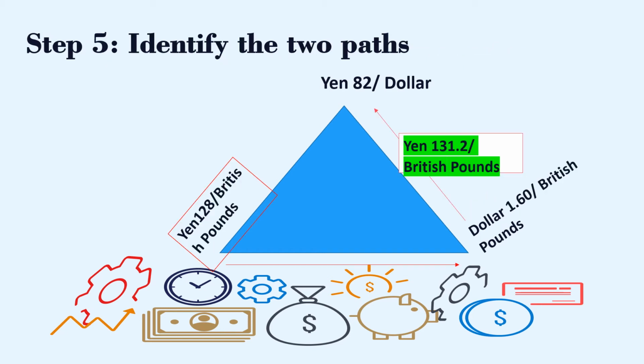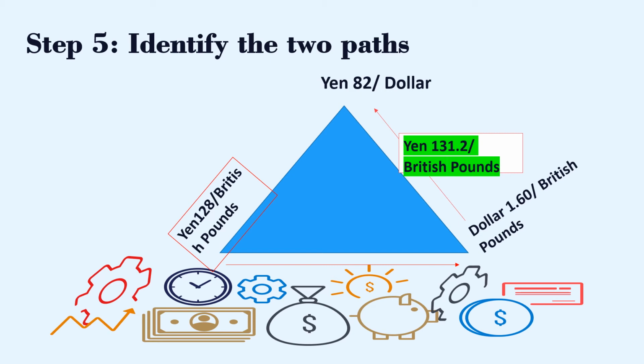In step 5, we will identify the two paths in order to reach arbitrage profit. As we already have some amount with which to calculate our arbitrage profit, we have to find the path first.